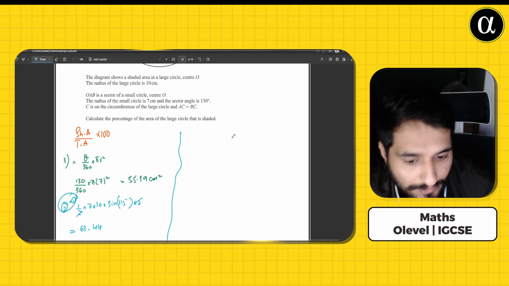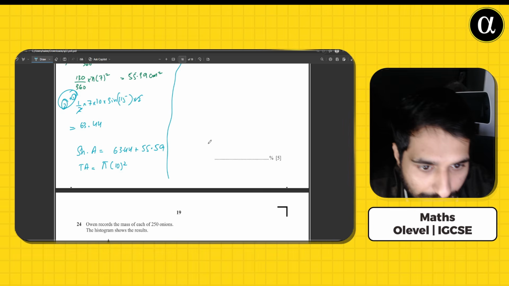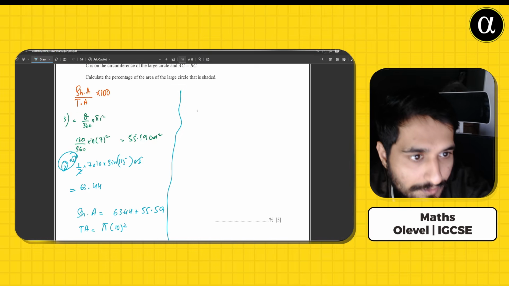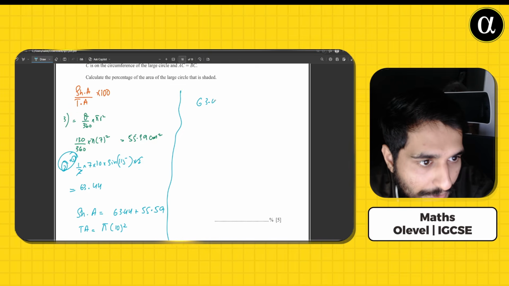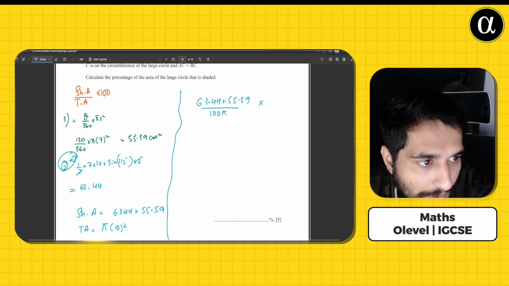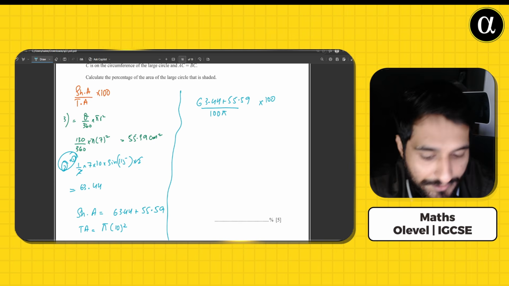So we can say this is what these values would be: pi times 100 pi. So (63.44 plus 55.59) divided by 100 pi, and the whole thing multiplied by 100 to find the percentage of the shaded region.